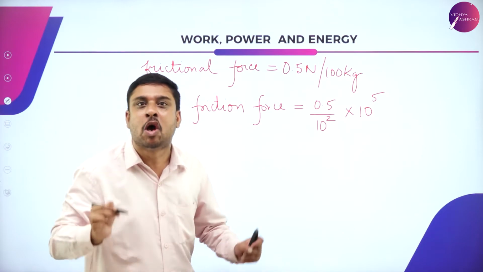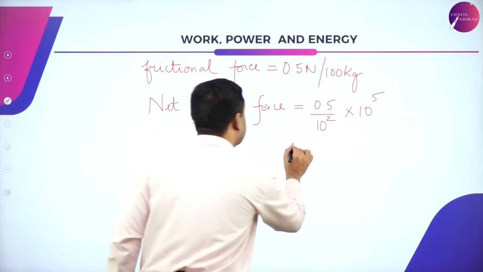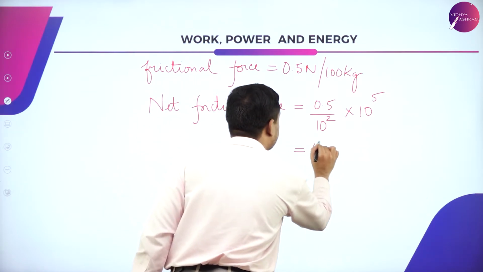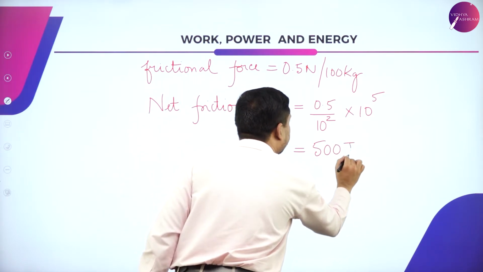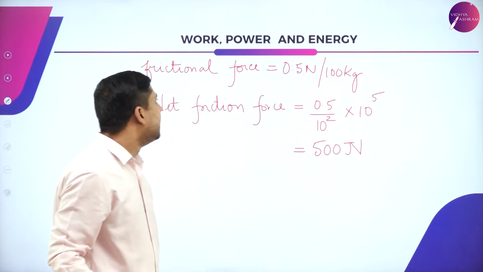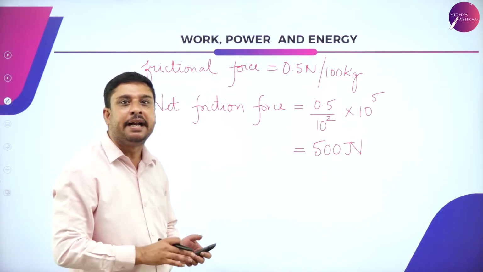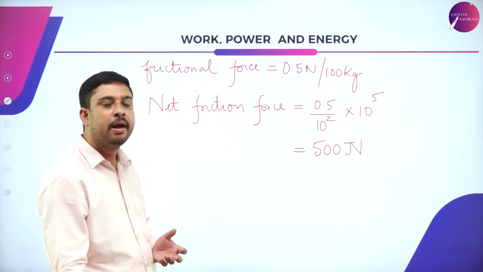Actual mass of the train is 10 power 5. So this turns out to be 500 Newton. So the net frictional force is 500 Newton.